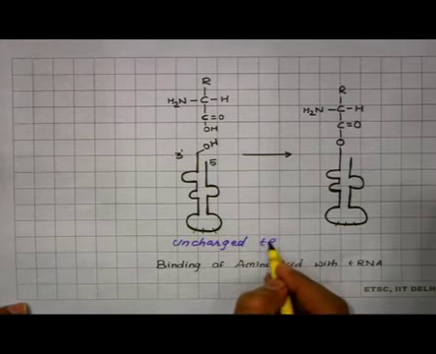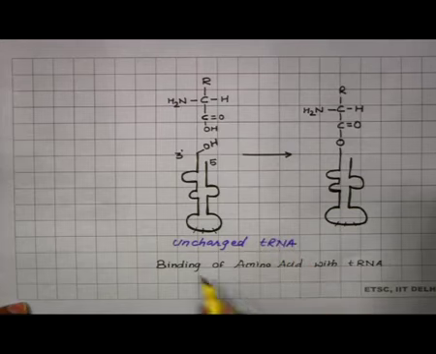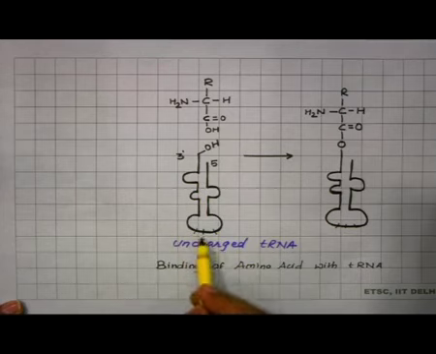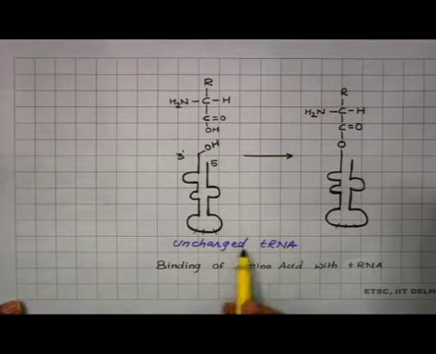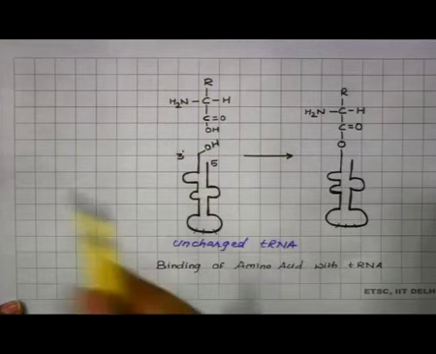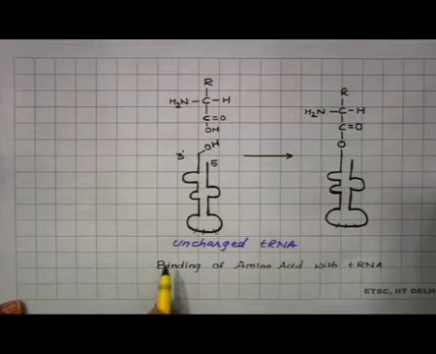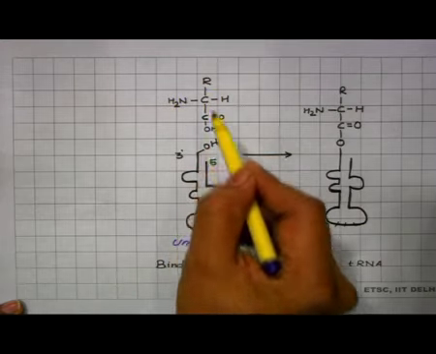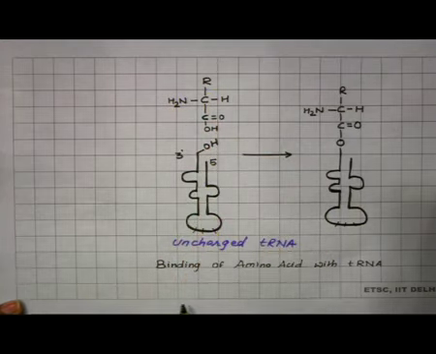Uncharged transfer RNA means this transfer RNA is not having any amino acid with it. With this uncharged transfer RNA, suppose this amino acid is going to bind. My question is, how will this amino acid combine with this uncharged transfer RNA?